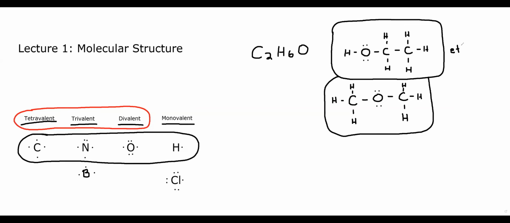Again, this is ethanol. Eth meaning 2 carbons, and ol meaning it has an alcohol on it, an OH. We'll get to nomenclature more in the future and we'll practice it as we go, so don't worry too much about nomenclature. It should come naturally.